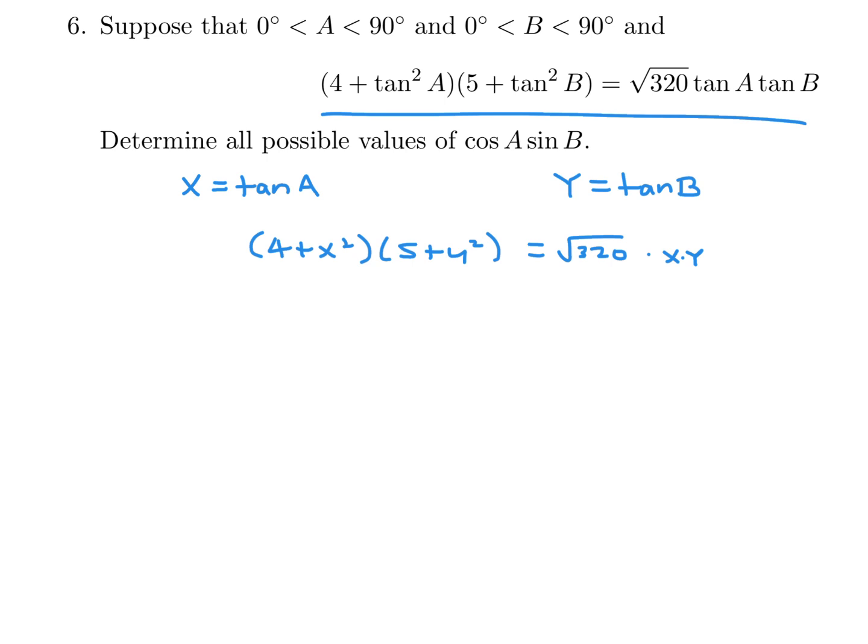A little bit nicer, right? And then let's expand it all and see what we get here. x squared y squared plus 5x squared plus 4y squared plus 20. And let's write that as a mixed radical.